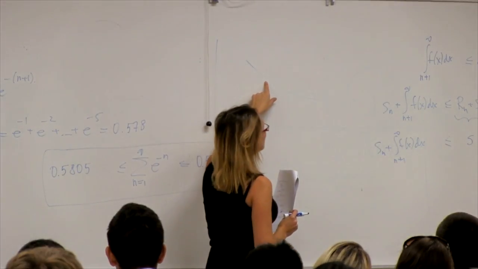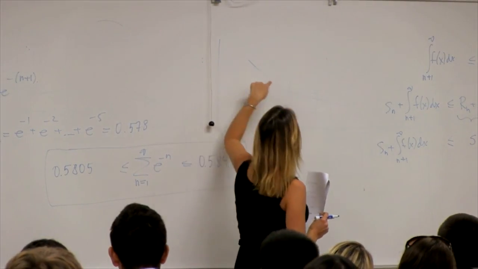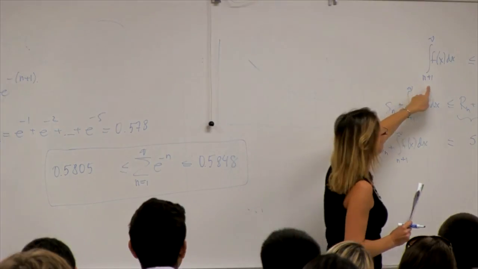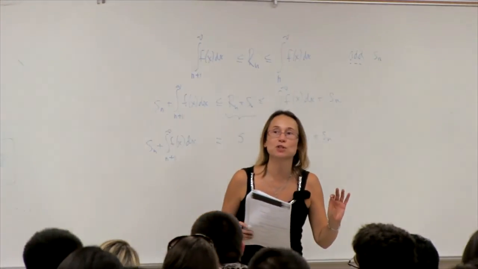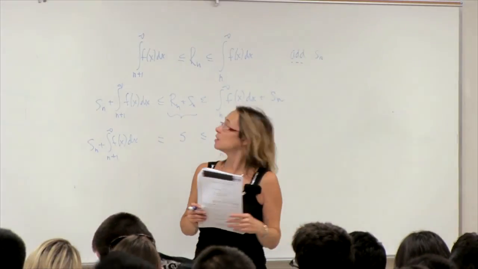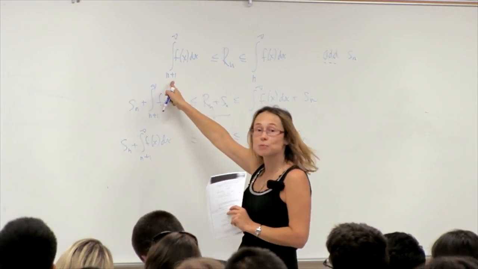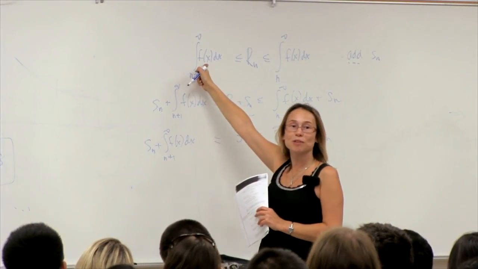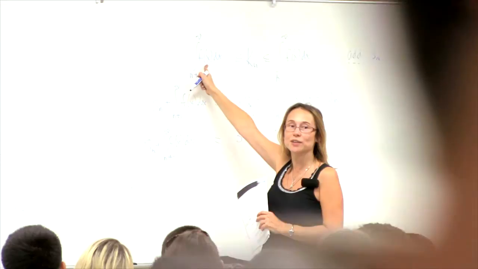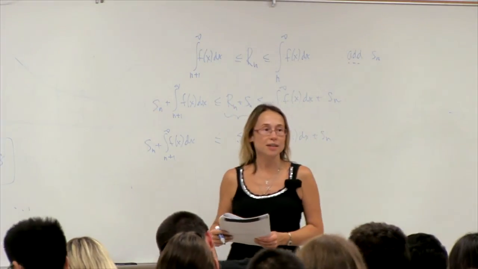And if you look at this picture, in one of them, the integration starts with n plus 1. And on the other one, the integration starts with n. The picture is in the textbook. N plus 1 is greater, but because the function decays, this integral is smaller. You integrate over a smaller area. Okay? Thank you.